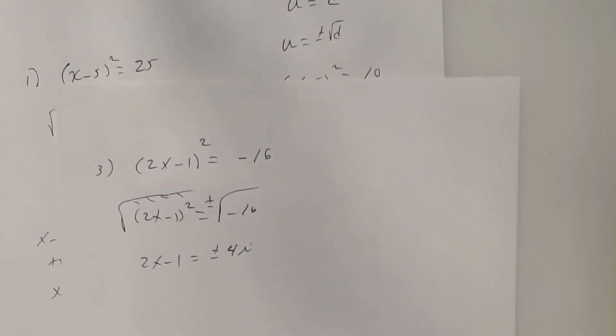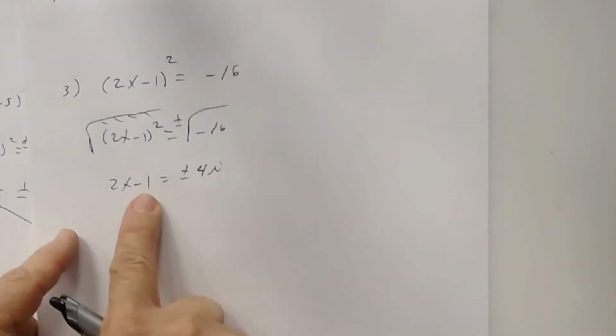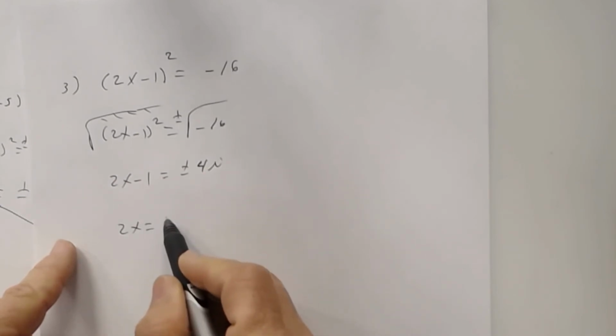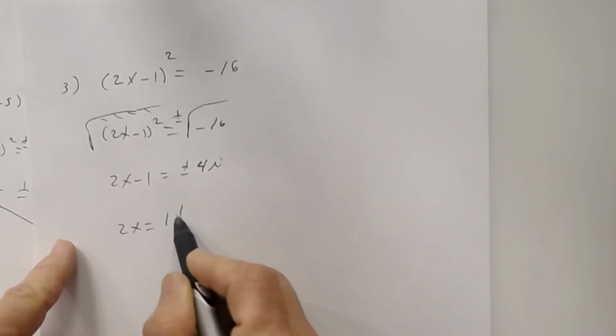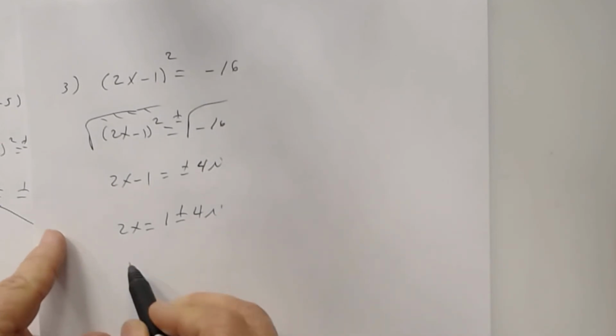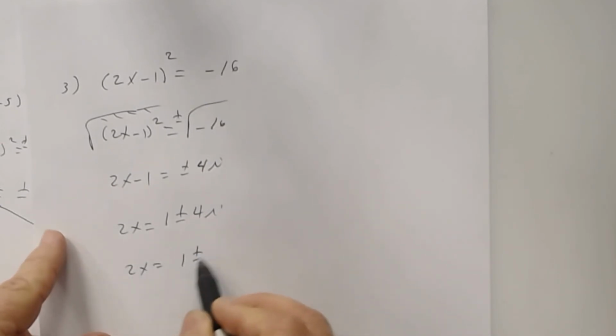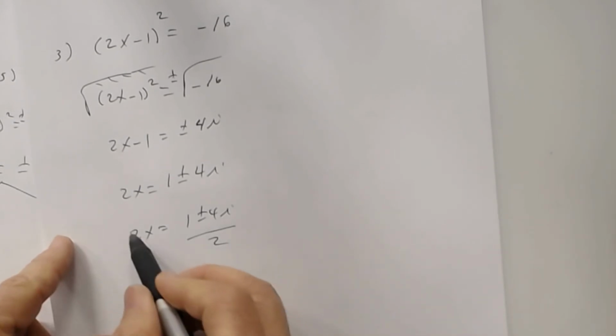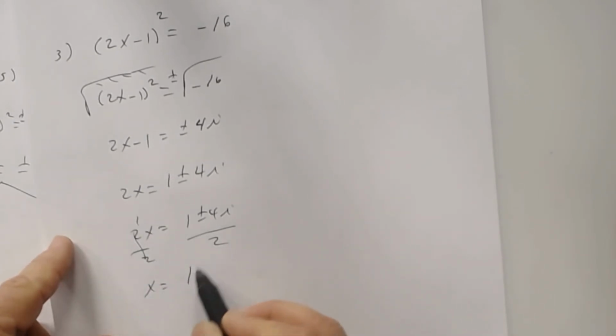Just like we did the plus and minus a while ago, you can do the same thing with this. Just bring the 1 over first, so you're going to say 2x equals what? 2x equals 1 plus or minus 4i, and then divide everything by what? By 2. Okay, so you get x equals 1 plus or minus 4i over 2.